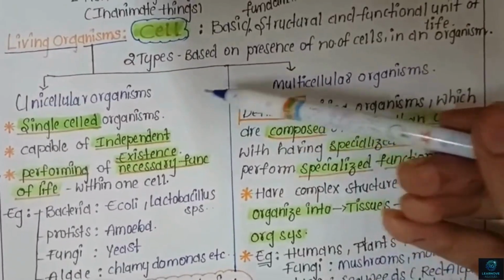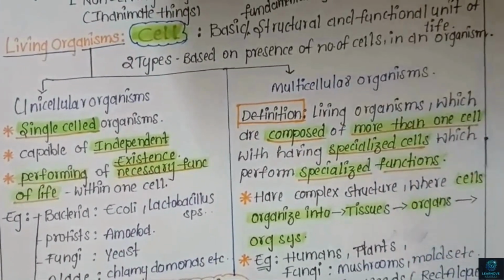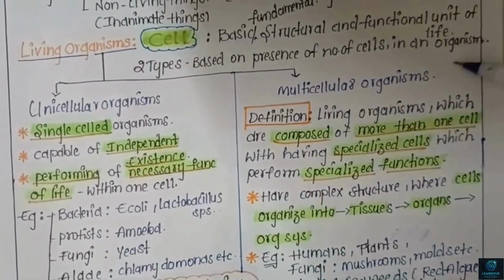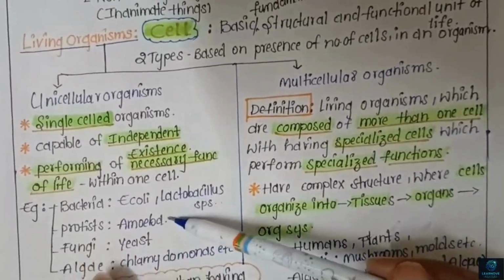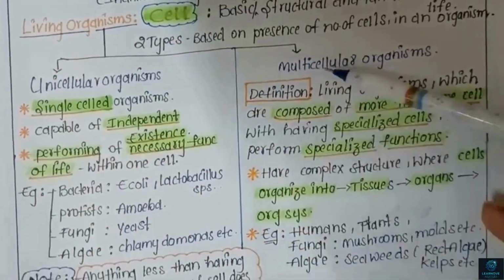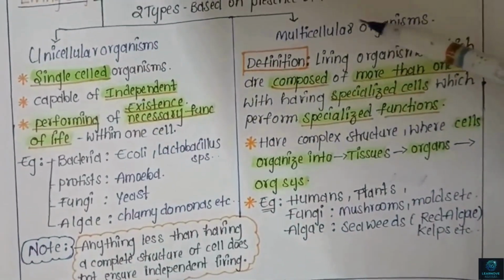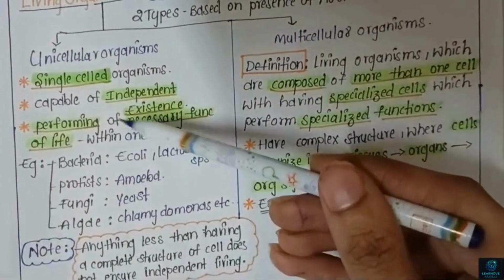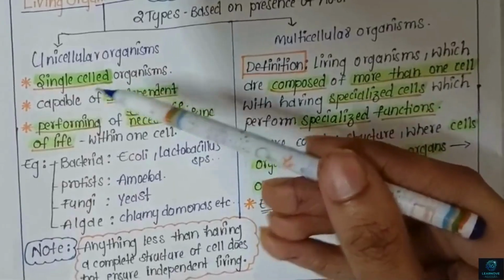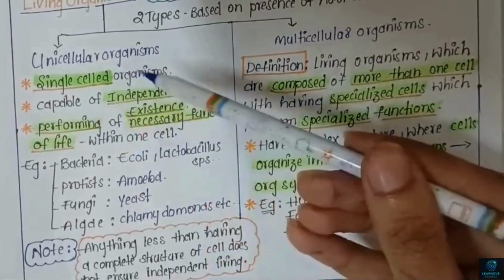There are two types based on the number of cells in an organism. These are unicellular organisms and multicellular organisms. As we all know, in unicellular organisms, a single cell is present.